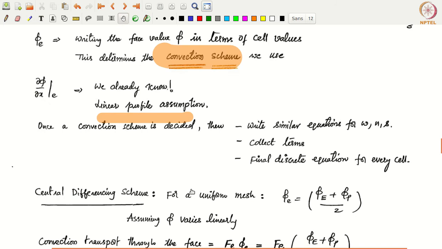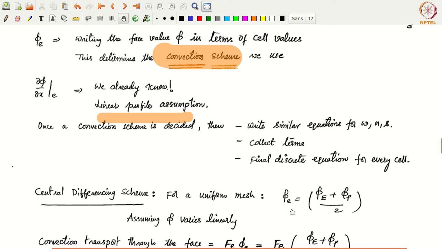Assume that we have a uniform mesh. Then phi sub e can be written as phi east plus phi p by 2, assuming that phi varies linearly between the cell centroids, which is the same assumption we used in evaluating the face gradients. So we can write the face value phi little e as phi capital E plus phi P by 2.